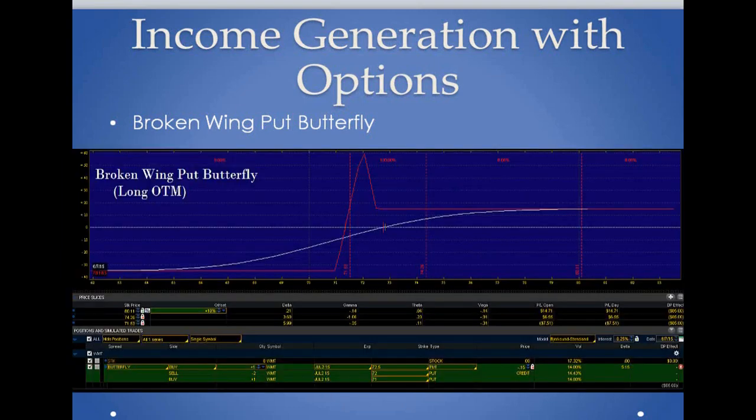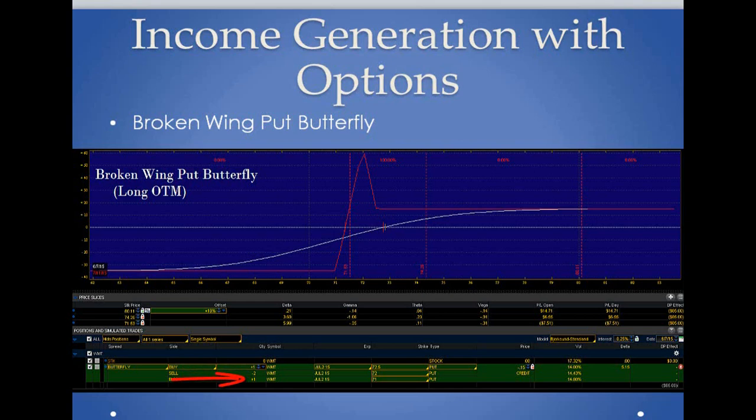As you can see here in our graph of the broken wing put butterfly, which is out of the money, we have Walmart that was trading right around $72.50, just a little bit above that. So we bought the 72.5 put, we sold two of the 72 puts, and we bought a skip strike of 71 puts.